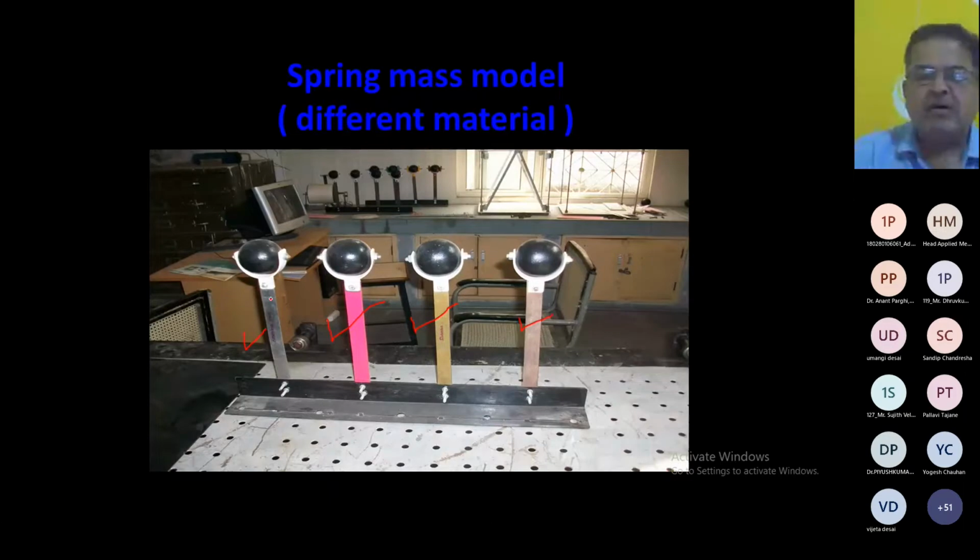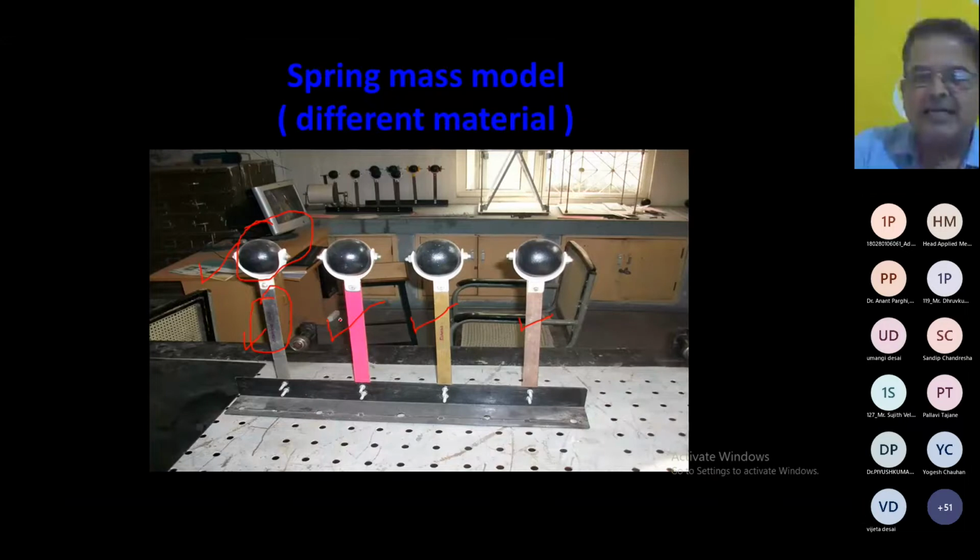So they are made of good material. You can see the heavy mass located at the top represents the slab, and this portion represents the column. So this spring mass model represents a single story building, having different material properties.